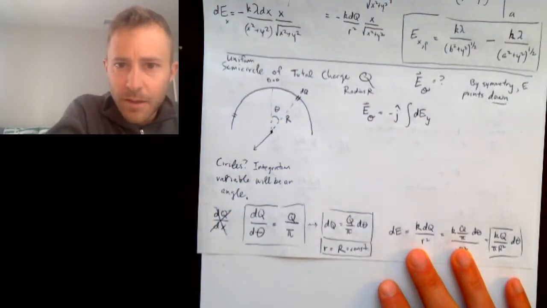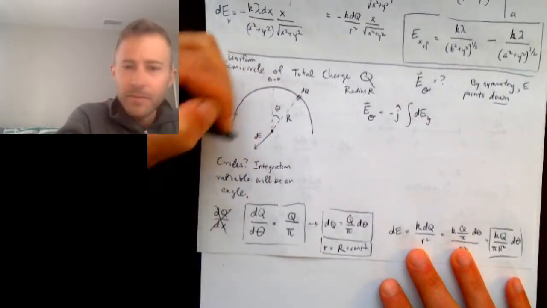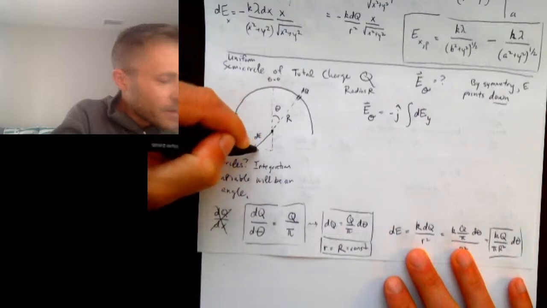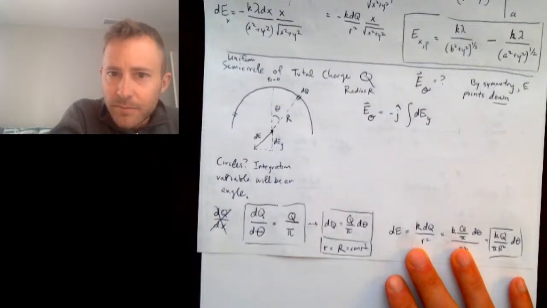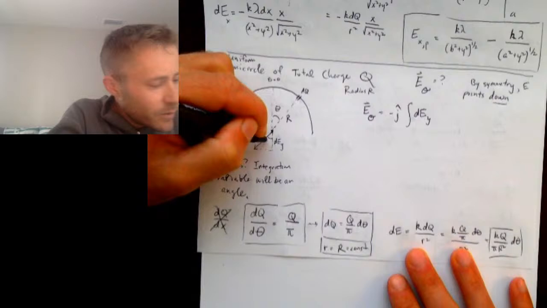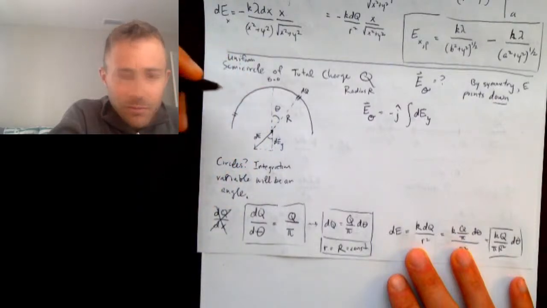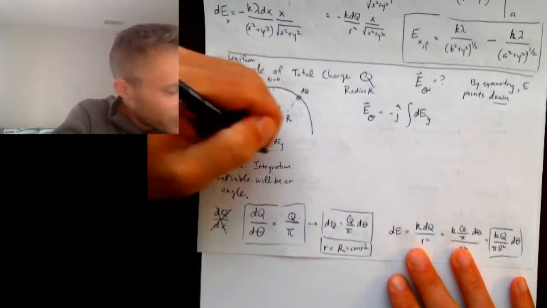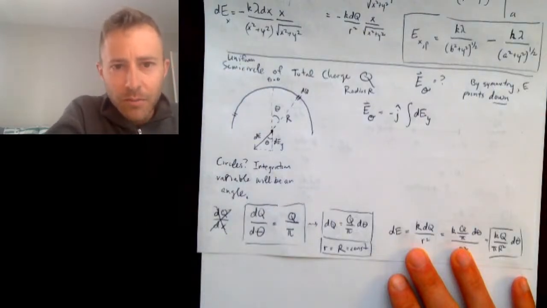Okay? So how do I get the y component? Well, here's dE, and this would be the y component of dE. This angle is theta too. Who cares what the name is? Just understand the math.